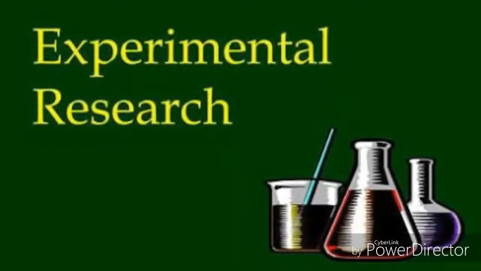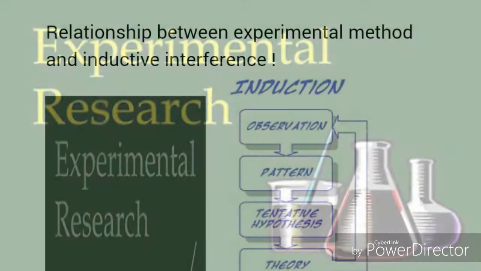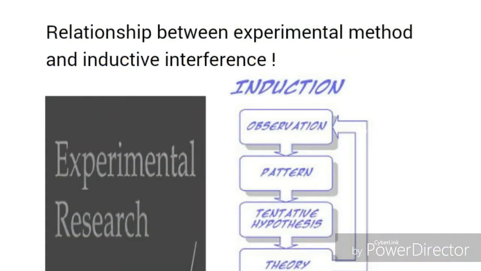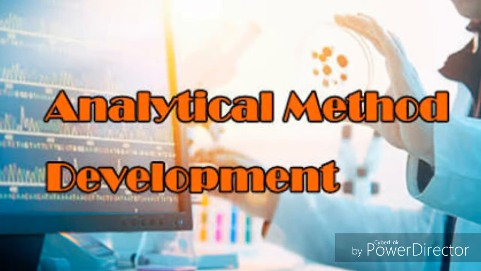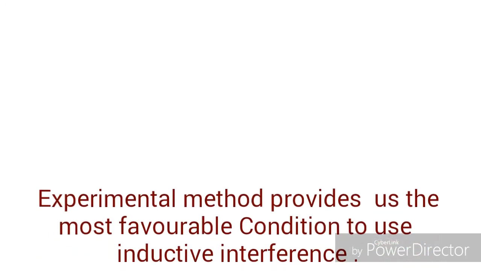The experimental method provides us the most favorable condition to use inductive inference. Why have I used the experimental method to try to understand the analytical method? Because I think inductive inference gives the very foundation of analytical design.